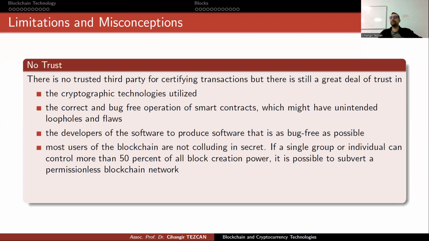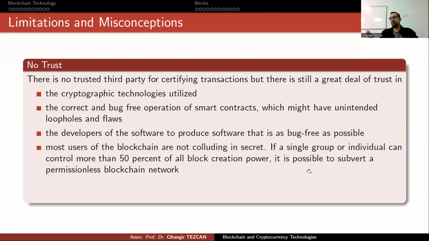Assume that one pool has 30% of the mining power and another pool has 30%. In total, they are 60%. We are talking about two people who designed these pools, so they can secretly collude and obtain 60% power at the end. So here we are still trusting some people that they are not misbehaving.